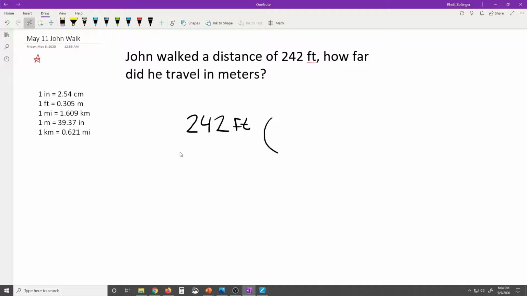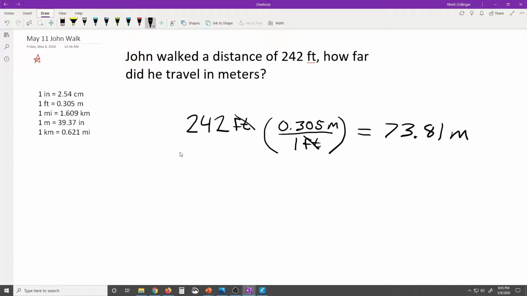So I need something with meters on the top, 0.305 meters, and something on the bottom with feet. That way feet and feet cancel out. This is just a power or a factor of 1. So there is no real change, and I can figure out the result. That is equal to 73.81 meters now.